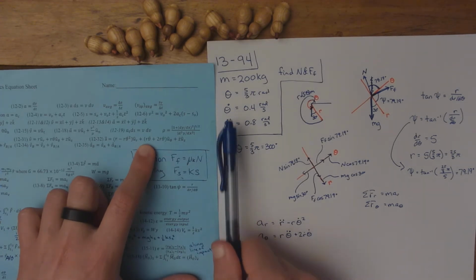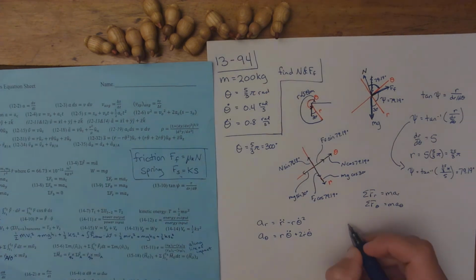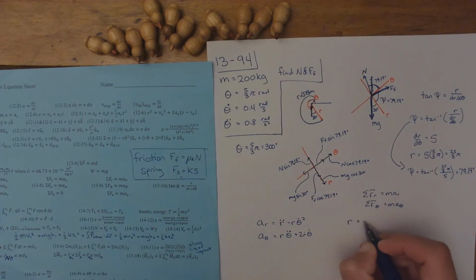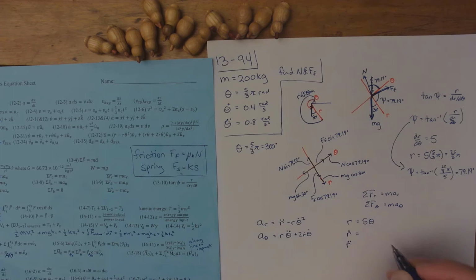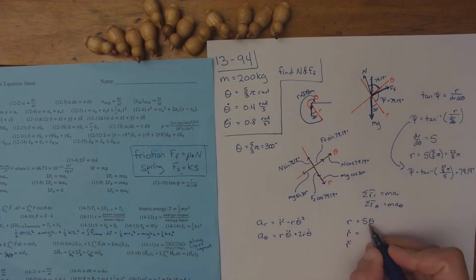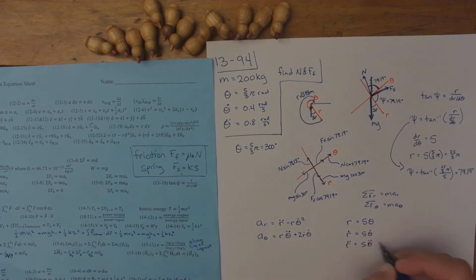I have theta dot, I have theta double dot, I have theta, so I need to find, well, I know r is equal to 5 theta, so I need to find r dot and r double dot. R dot is the derivative of 5 theta with respect to t, which would just be 5 theta dot. R double dot would be 5 theta double dot.